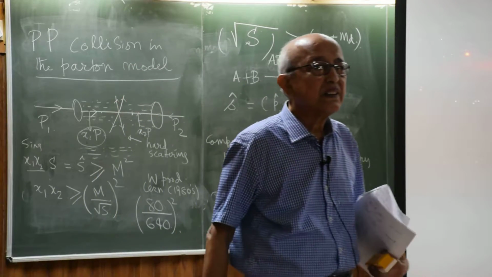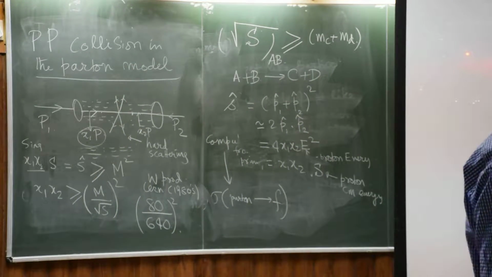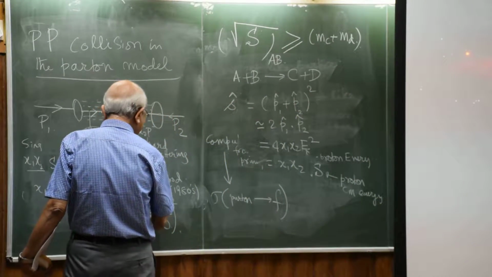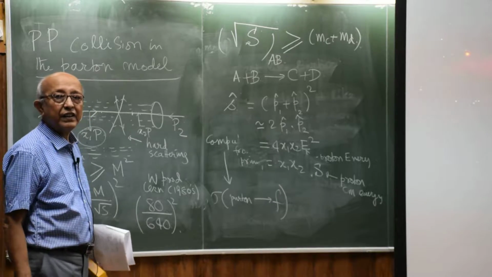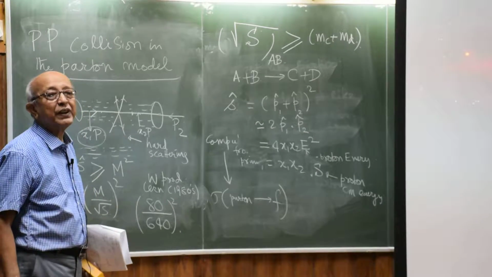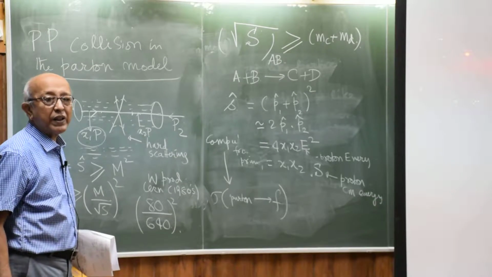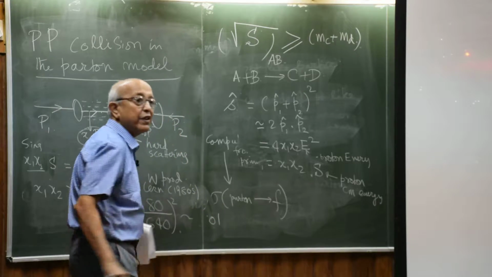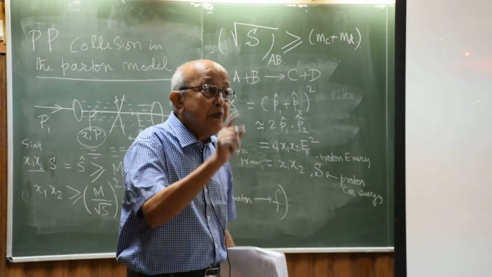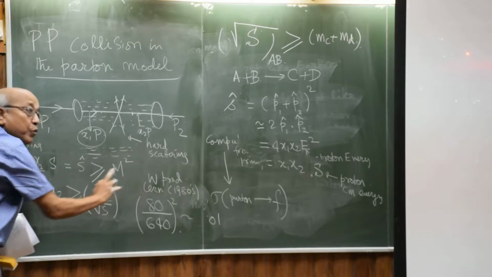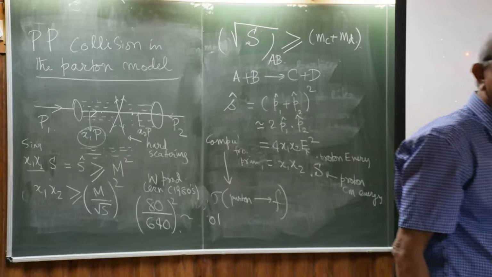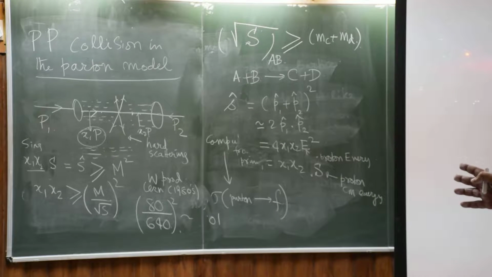Well, it is about 1 upon 8, right? 1 upon 8 you can approximately write as 0.1, and then this will be 0.01, which means that the product x1 x2 has to be 0.01.